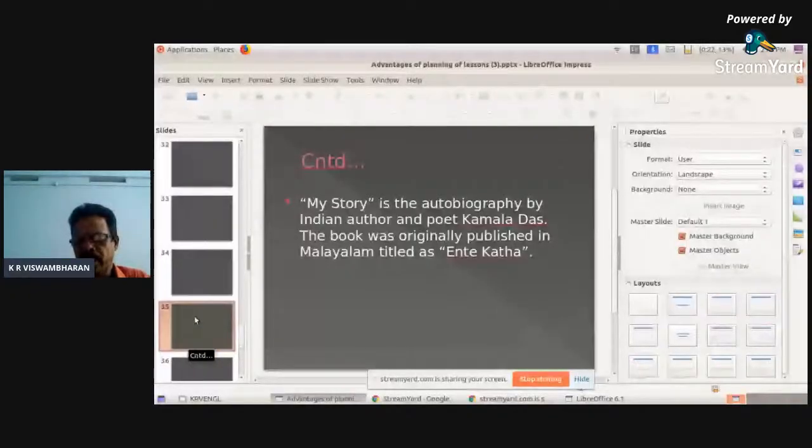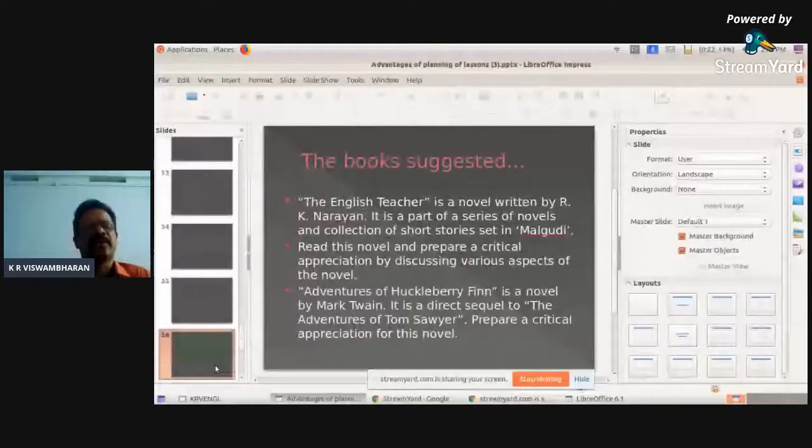This is an autobiography included in your curriculum, and that is why I presented it as a part of this suggested poem and autobiography. For critical review, you can select any of these.